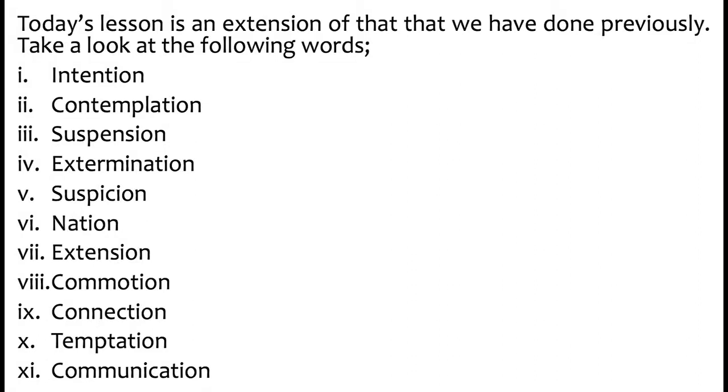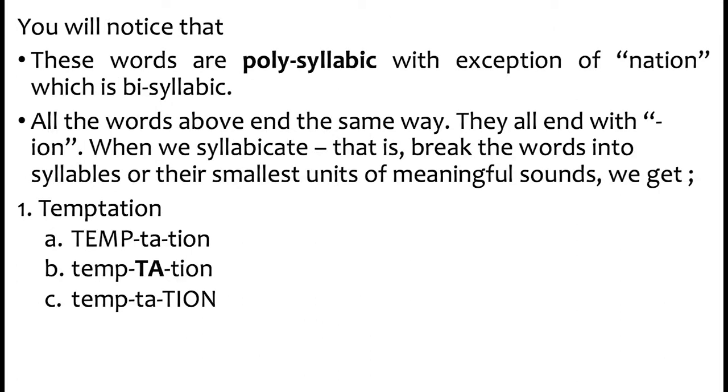First one, intention, then contemplation, then suspension, then extermination, then suspicion, then nation, then extension, then commotion, connection, temptation, and communication. Now you'll notice that one, these words are polysyllabic with the exception of nation, which is bisyllabic.